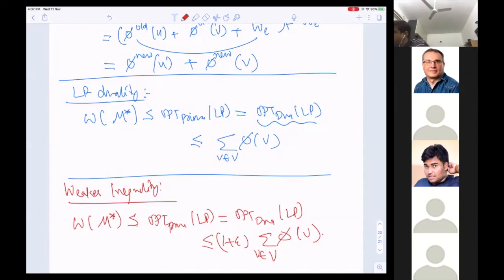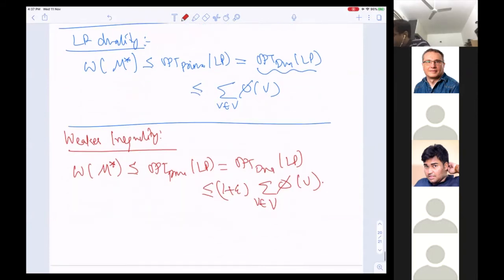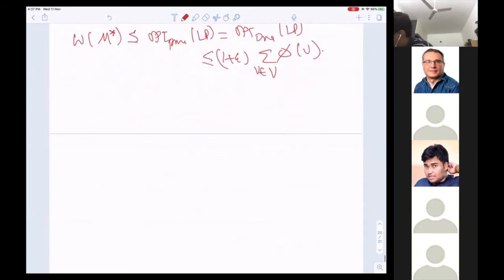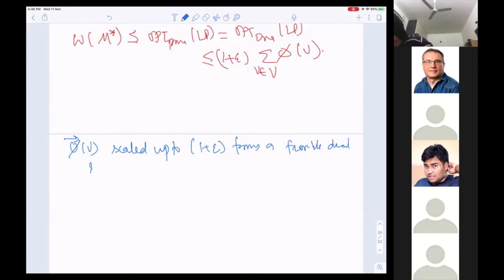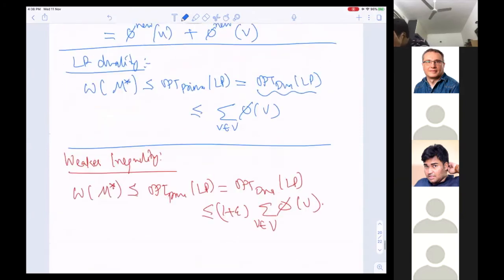Or in other words, what I'm saying is phi V scaled up by 1 plus epsilon forms a feasible dual solution. And why? Well, let's look at this.